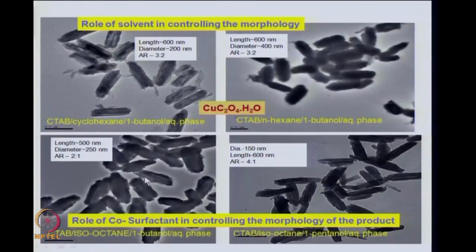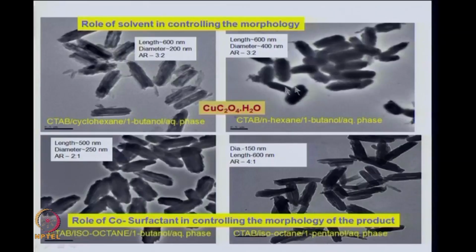Now, you can see the same thing, the solvent is controlling the morphology. So, you are changing from cyclohexane, that is the solvent here, to hexane, to isooctane, right, and in this case we have changed from butanol, which is a co-surfactant, to pentanol, which is a bigger co-surfactant.